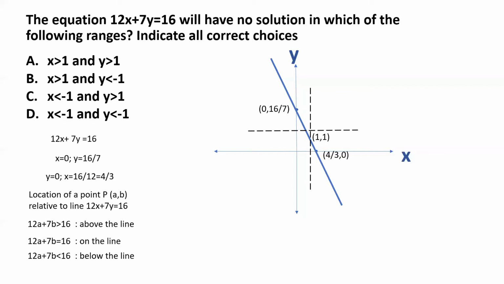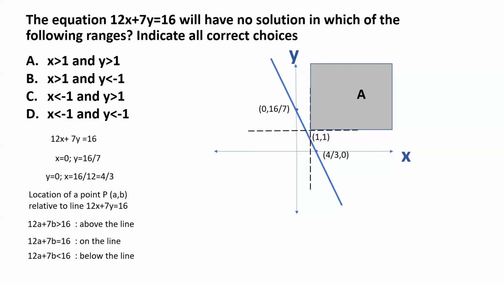Now let's consider the region of the xy plane represented by the range in option A, which is x greater than 1 and y greater than 1. Here it is in the xy plane: the gray shaded zone, zone A. We can see that our line does not lie in zone A, it doesn't meet any portion of it.